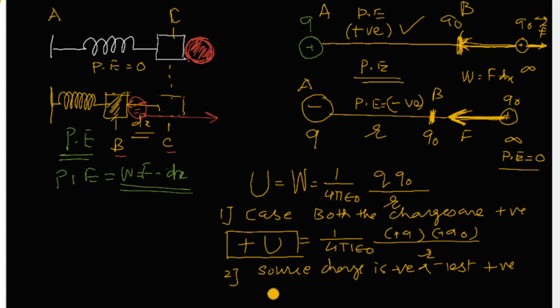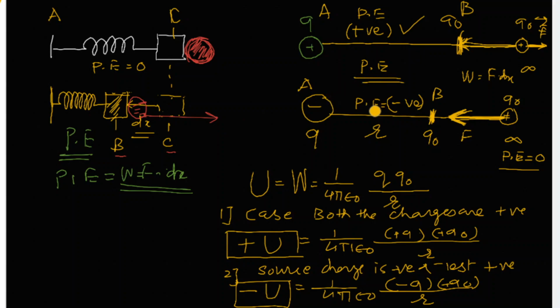Then U is 1 upon 4 pi epsilon 0, with the source charge negative and the test charge positive. So the whole system becomes negative, due to this negative sign. So here we are getting this as negative.